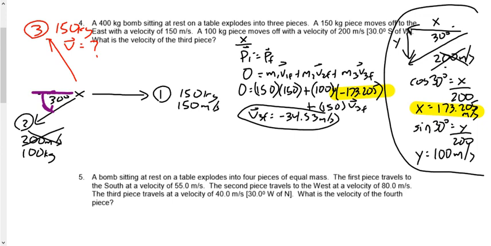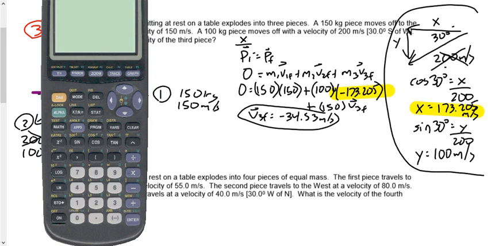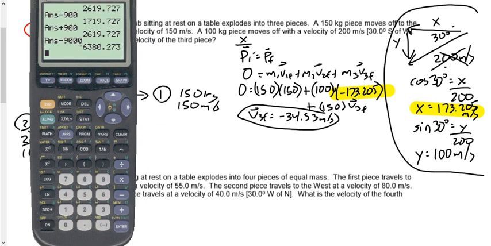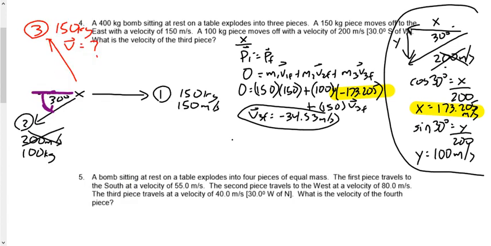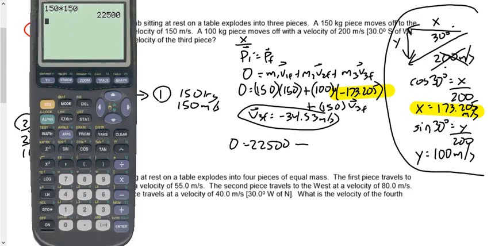How to get a negative? Okay, let's calculate that on our calculator. 150 times 150 gives me 22,500. That's the first term, and then the next term is 100 times 173.205. I'm going to make that subtract 173,205.